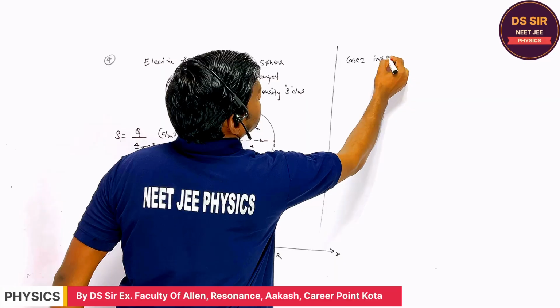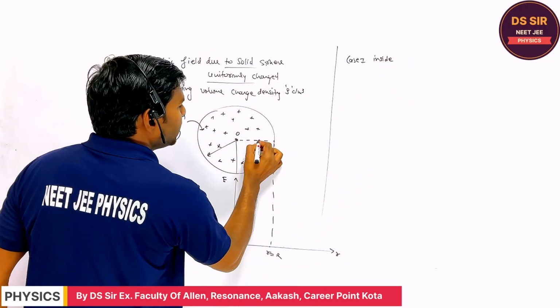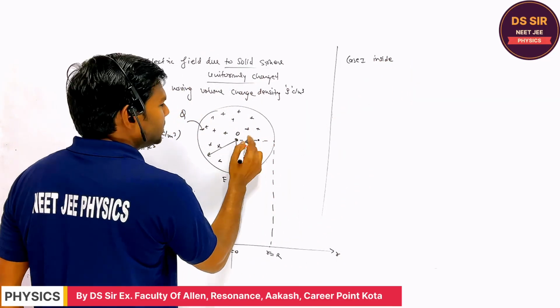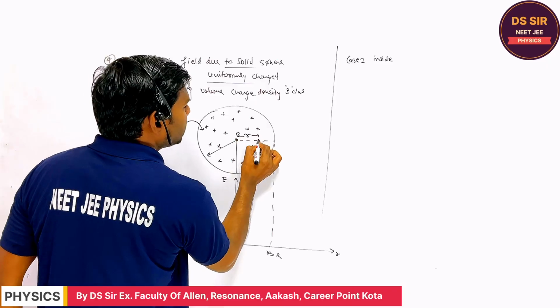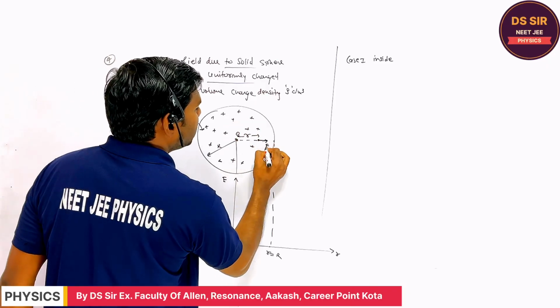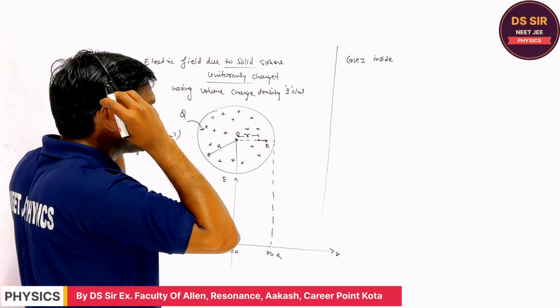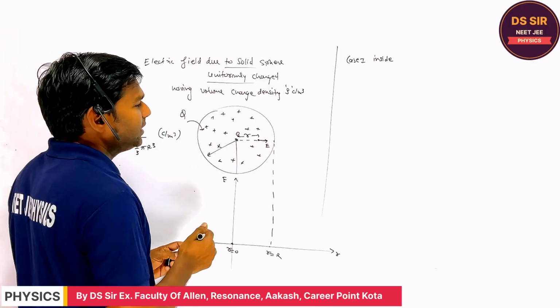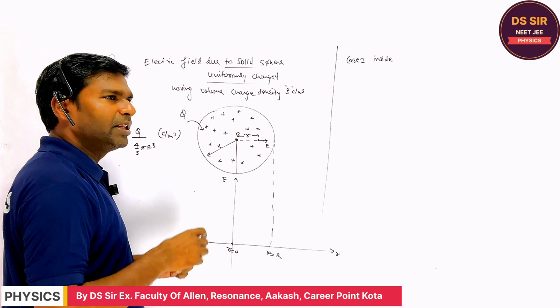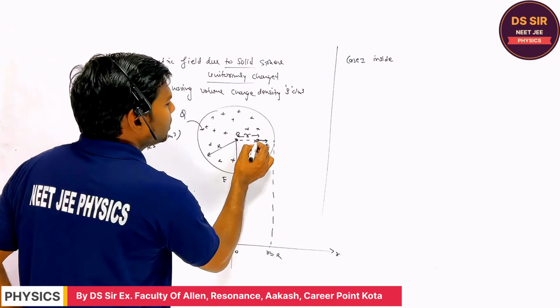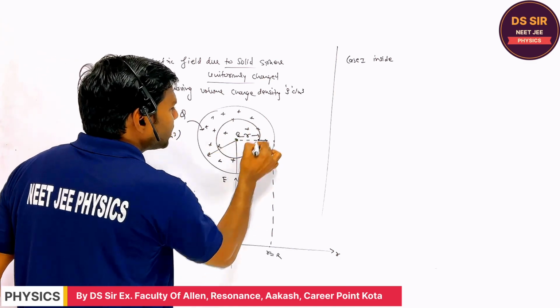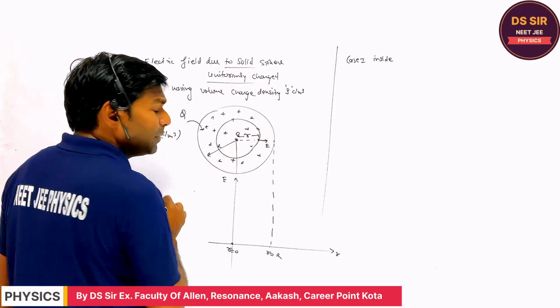Inside means the point here is at some distance r, like this. At this point you have to find the electric field, so you have to choose a Gaussian surface. This is a symmetric charge distribution, and therefore the electric field will be symmetric, so you have to choose a symmetric Gaussian surface.